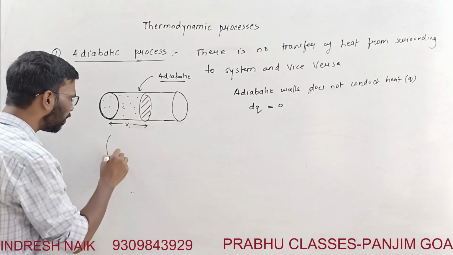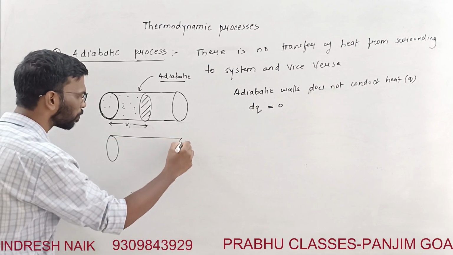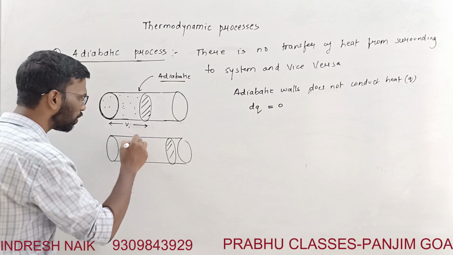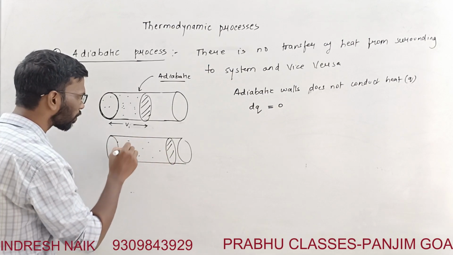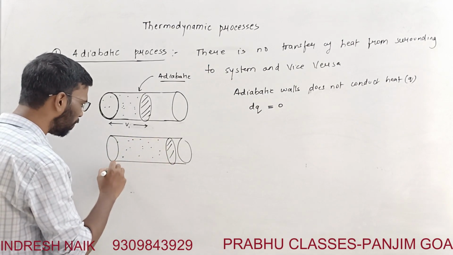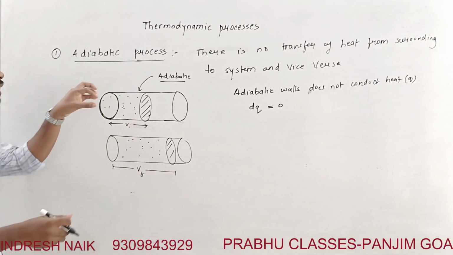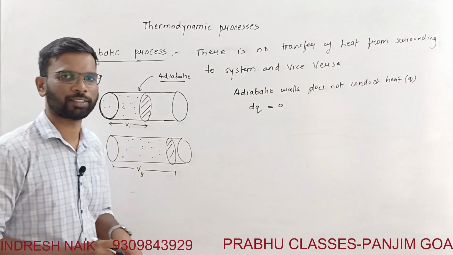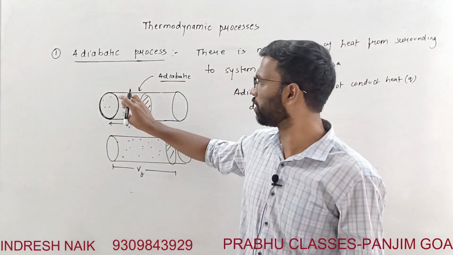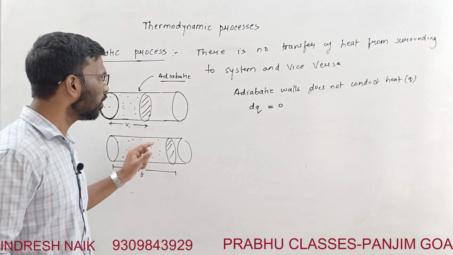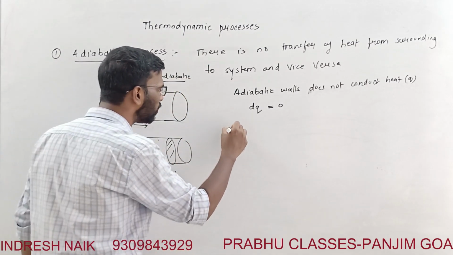Now I expand this, the walls are the same, I move the lid over here, the reaction mixture amount is the same, and this is my new volume V final. What will happen to the temperature of the system? Is it going to fall or increase? Here there will be a fall of the temperature.